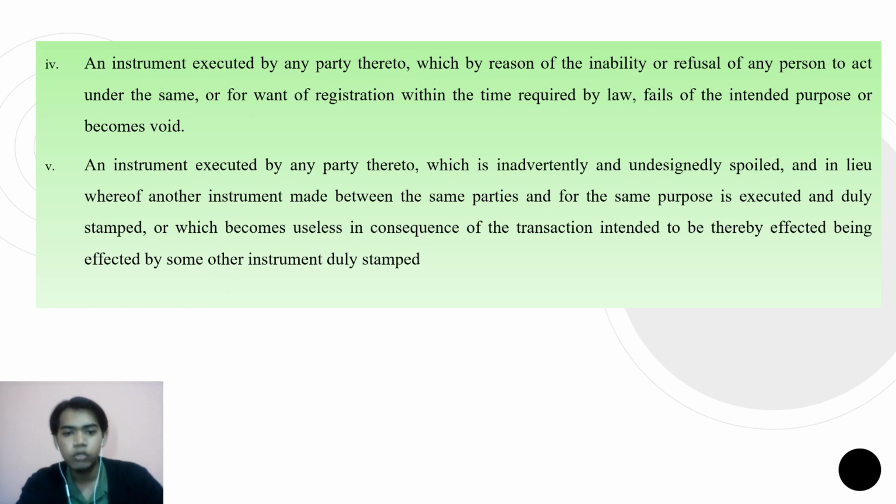Number 5, an instrument executed by any party thereto, which is inadvertently and undesignedly spoiled, and in lieu of which another instrument made between the same parties and for the same purpose is executed and duly stamped, or which becomes useless in consequence of the transaction intended to be thereby effected by some other instrument duly stamped.